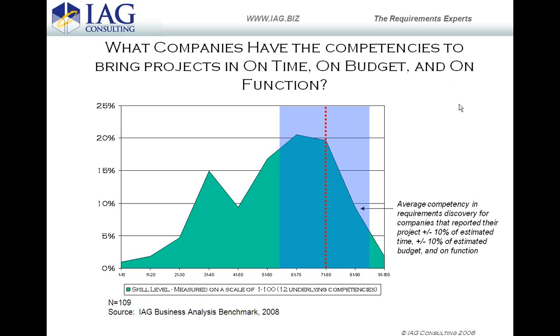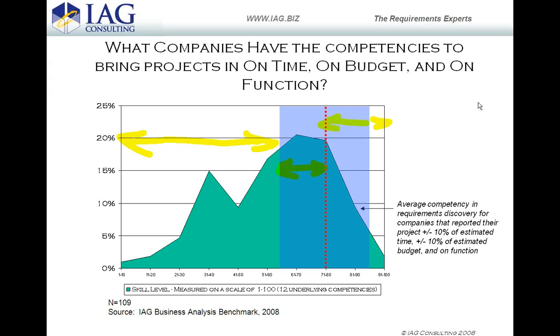So if I'm correct in my little thesis that requirements dramatically impact the ability to control time, budget, and scope of the project, then these 3 zones that I'm now using my little highlighter to highlight will be radically different in their numbers, okay?